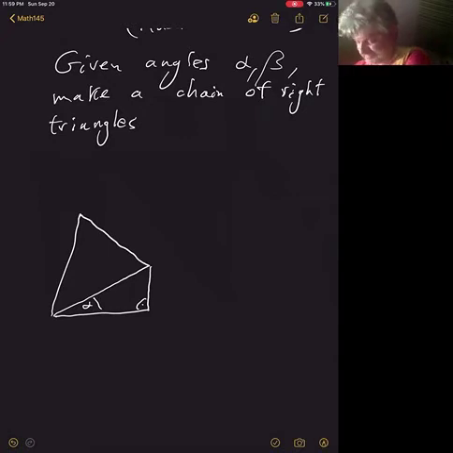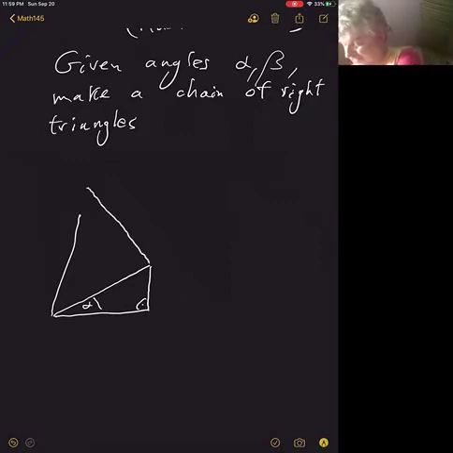Oh, actually, that's not right enough. A little longer. So we need to make this line all the way up to there. And then complete this figure to a rectangle.